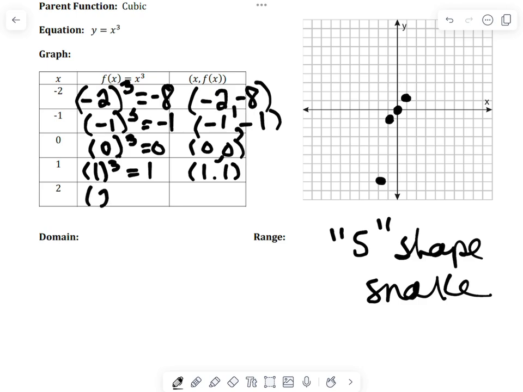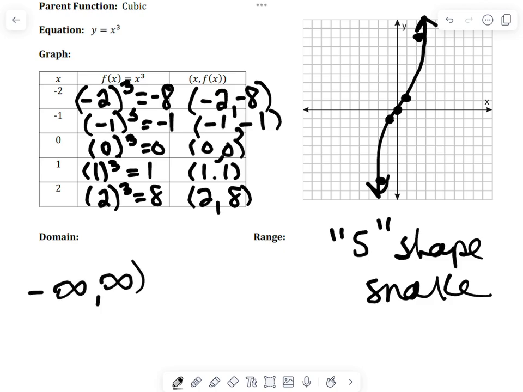And then 2 times 2 times 2 is 8, so right 2, up 8. We connect those points, creating a nice shape of an S or snake. The domain and the range of this is all real numbers, -infinity to infinity.